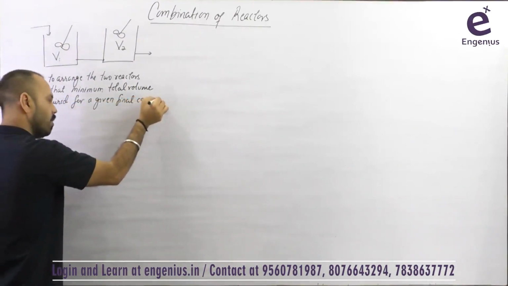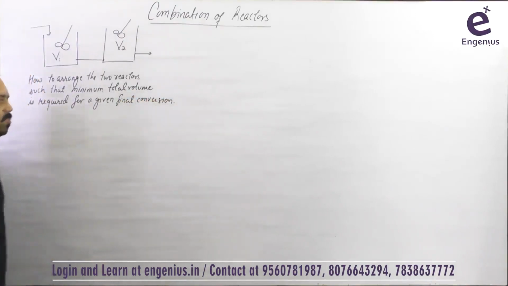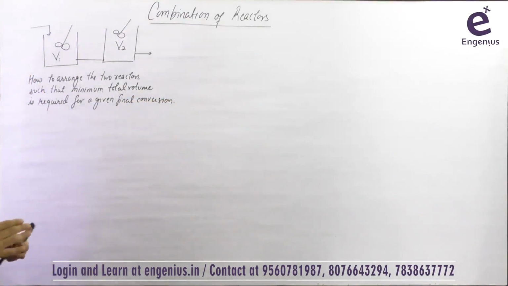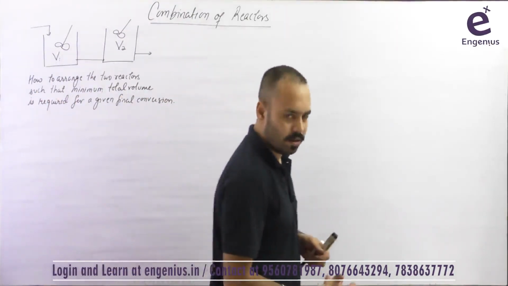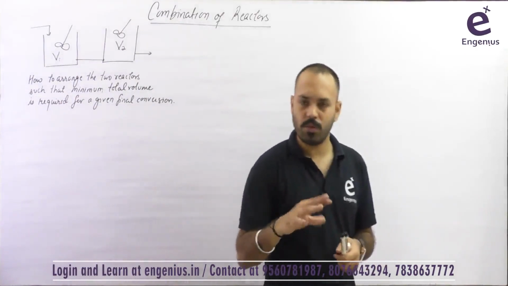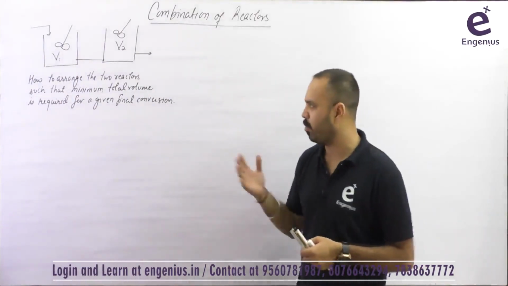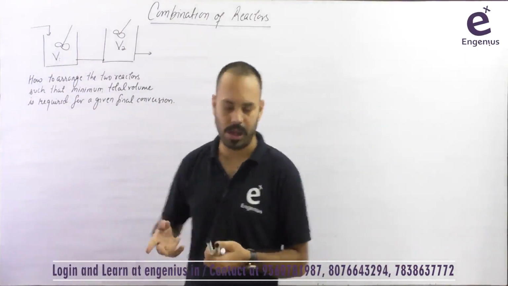Again, अगर आपको ये भी सीखना है, just Levenspiel plots are sufficient. Okay, how to identify them? Ultimately I'm going to give you something which you can remember easily and then you can easily give your answer. But उसके पीछे का जो concept है, एक बार वो concept बता देता हूँ, ठीक है? What concept is used, that how to arrange these two reactors?